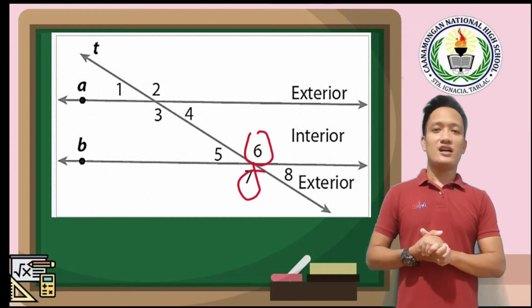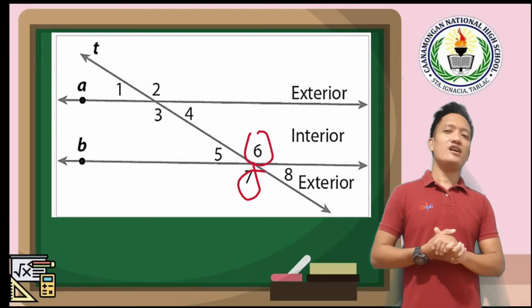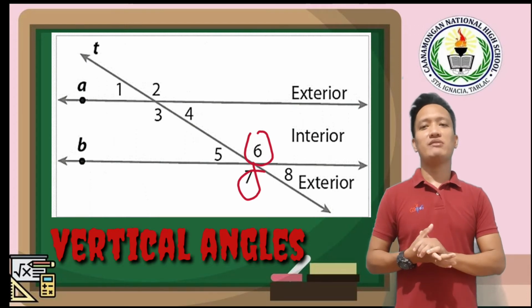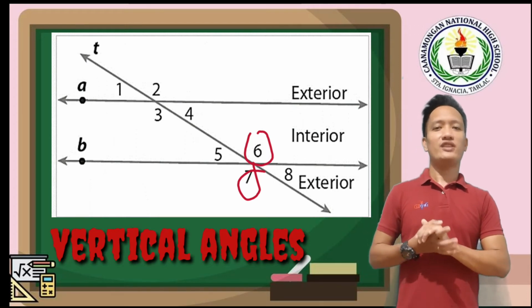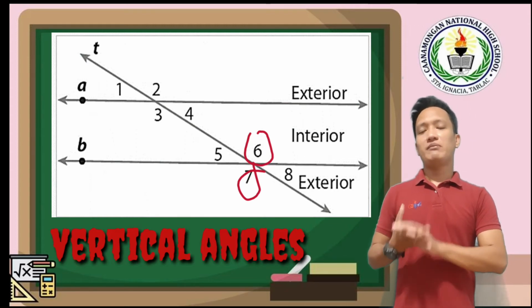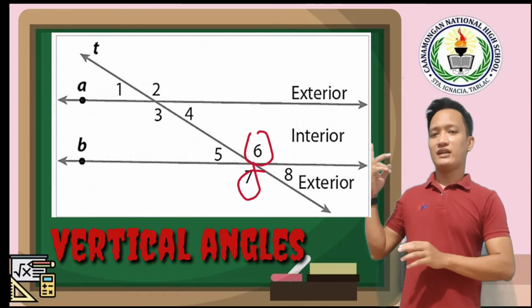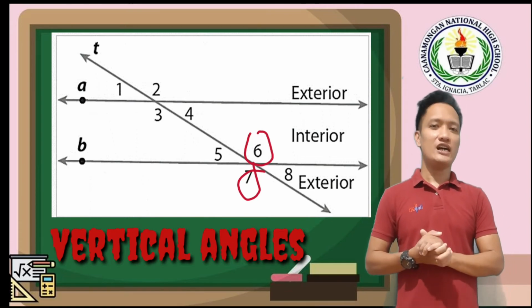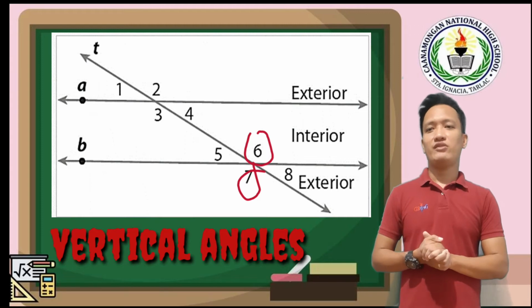So, yes, again, they are vertical angles. So, ano kayong mga sasabi nyo sa measurement ng vertical angles? Kaya nang napag-aralan natin dati. So, ang measurement ng vertical angles, kapag magkatalikod sila, they are congruent or parehas sila ng measurement.